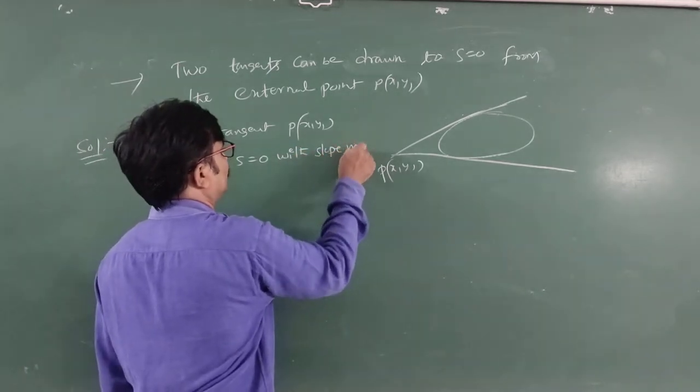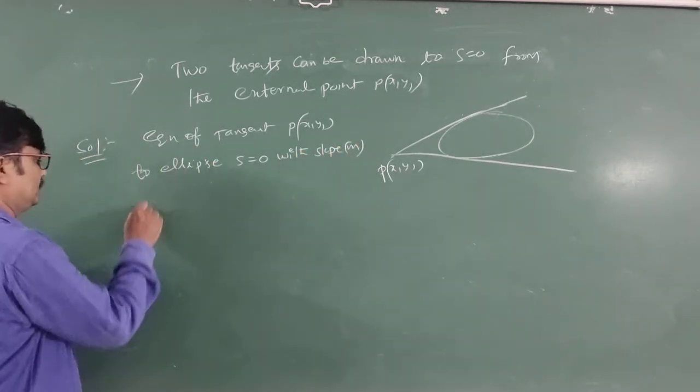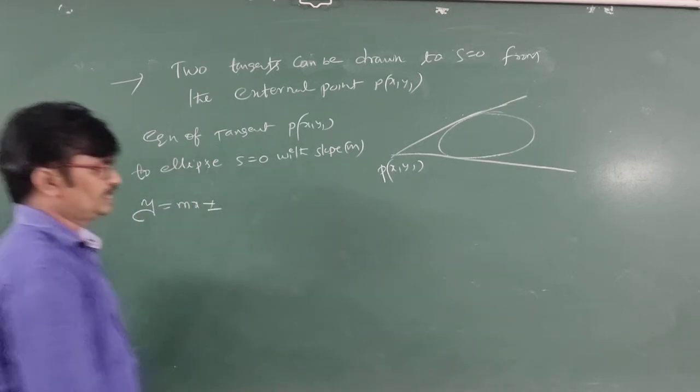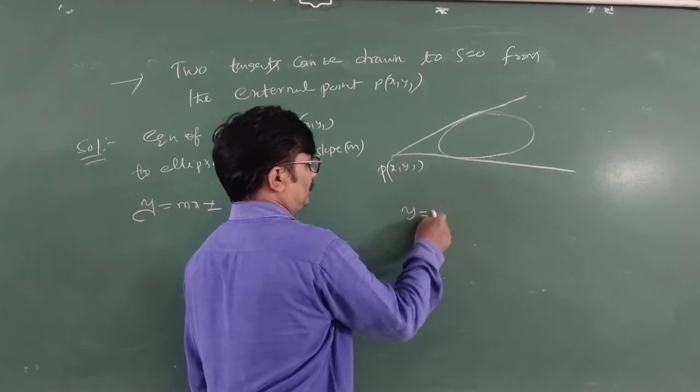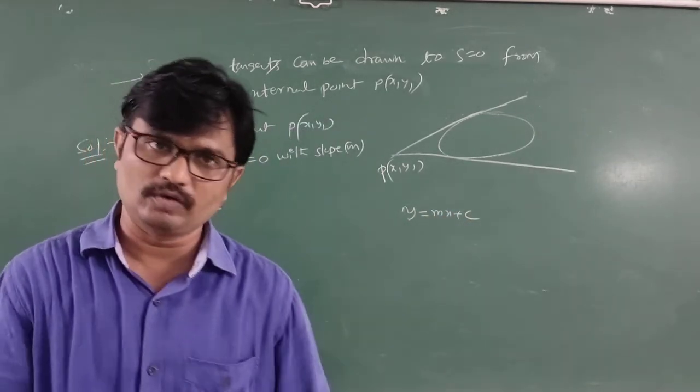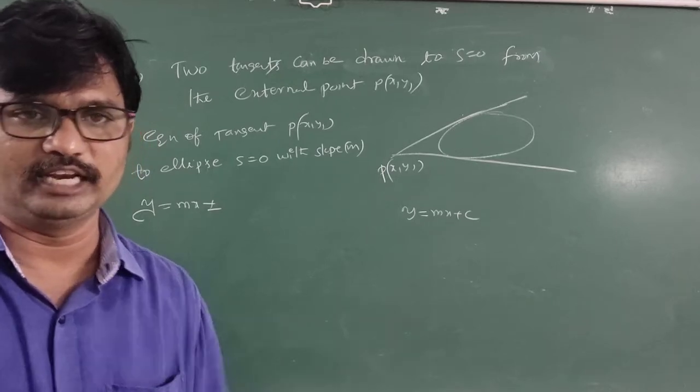Students, we know that y equal to mx plus c. What is the condition that the line y equal to mx plus c may be a tangent to the ellipse?